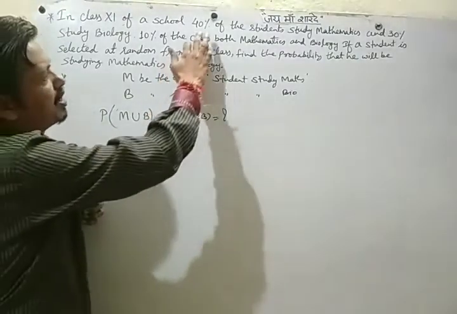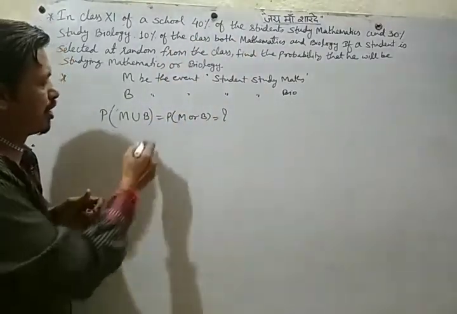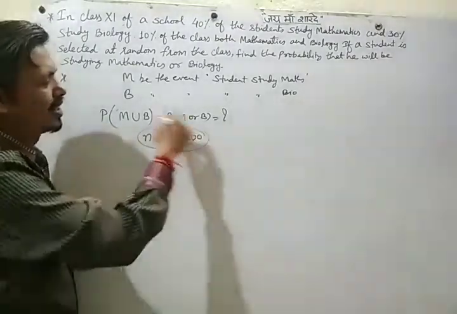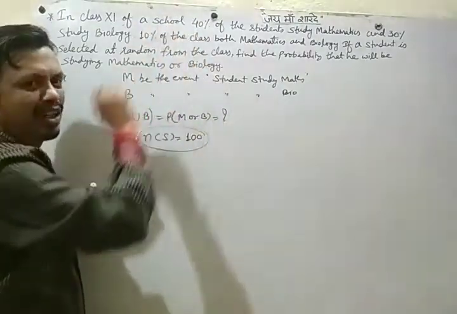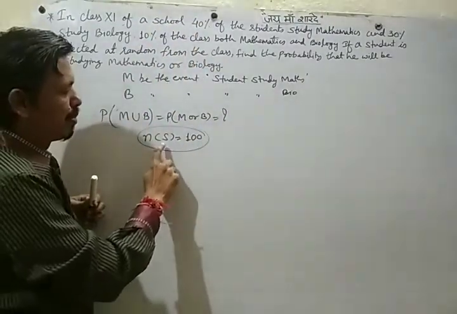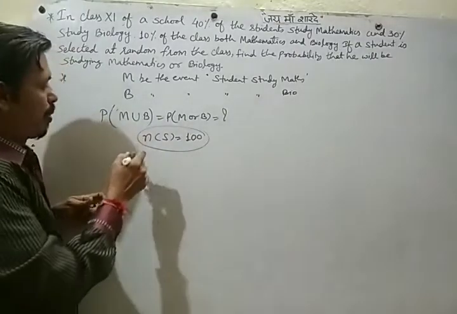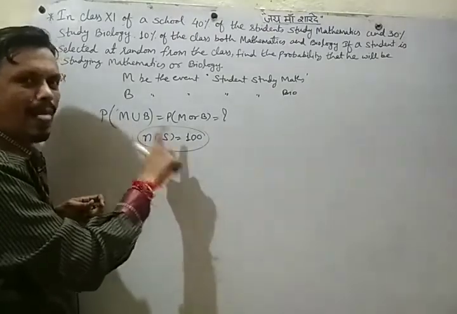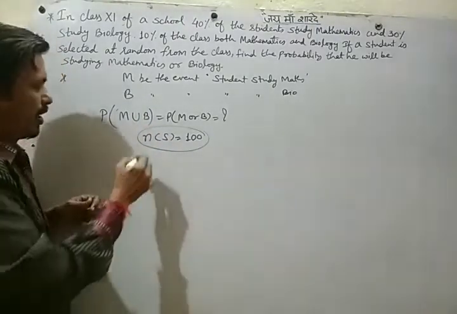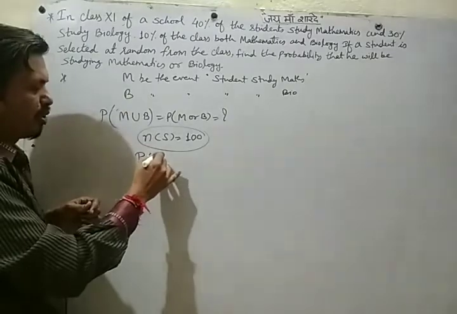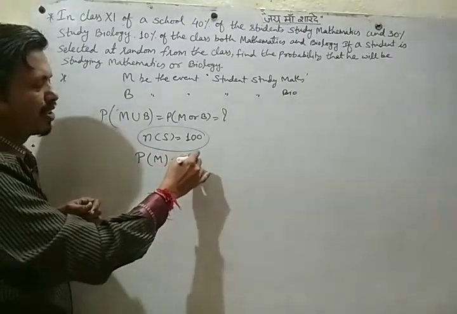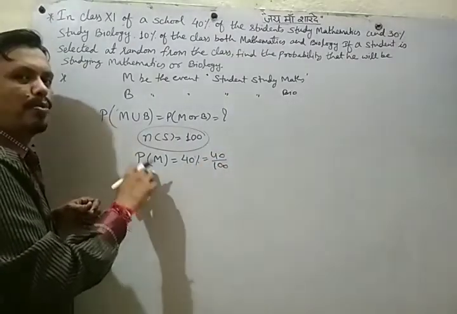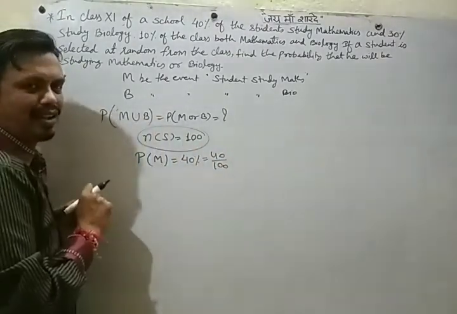And we are given 40% students study mathematics. Suppose in our sample space, we have 100 sample points. Percent means out of 100 only. So sample points are, suppose, 100. So 40% students study mathematics means 40 students out of 100 students study maths. It means the probability that a student studies maths is 40%, means 40 by 100. So P of M, probability of M, is 40 by 100.